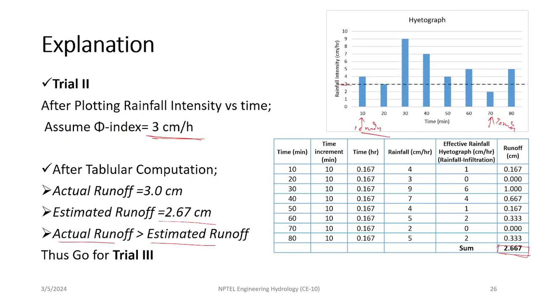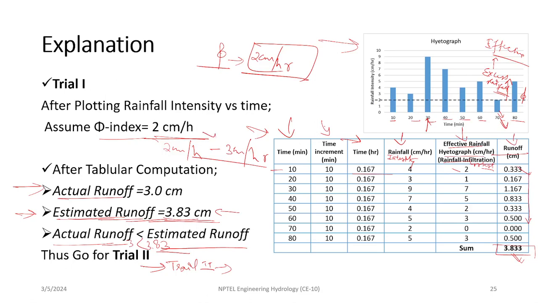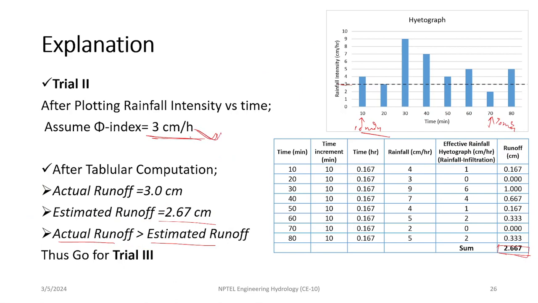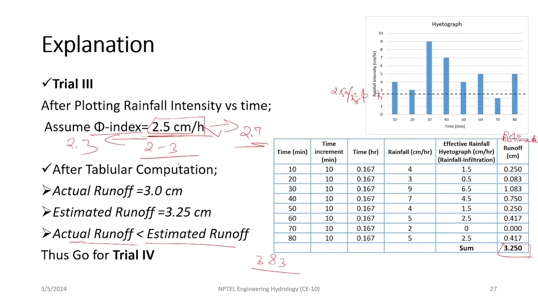If we take a smaller value, we get a higher estimated runoff, and if we take a higher value, we come up with a smaller estimated runoff. So we need to go with higher values. We have to go ahead with something like 2.7, maybe 2.8, as per your convenience. Right now we are going with 2.7.